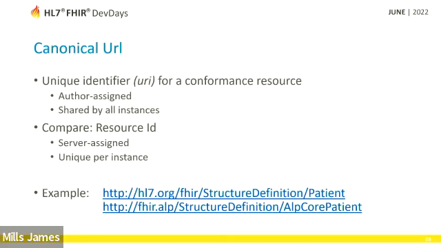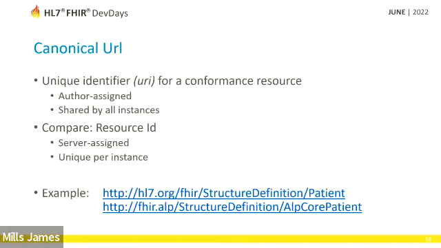So here on the slide are two examples of what that canonical URL might look like. The first one is from the official FHIR specification. So we start with the domain, which is hl7.org/FHIR in this case. Then the resource type, the structure definition, and finally the name of the resource. So actually you can define this canonical URL by yourself, but you need to have access to that domain that you are using.